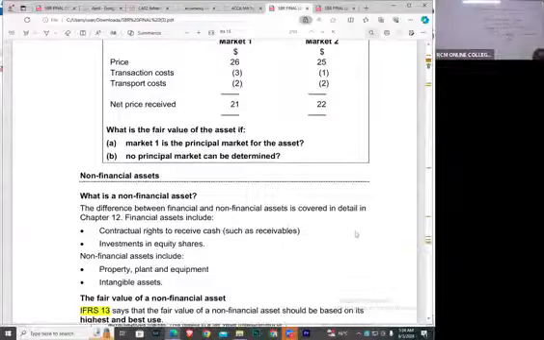Financial assets are the ones where you will easily get your cash, like receivables and investment in equity shares. If you're raising capital, you're going to sell equity shares. Non-financial assets include property, plant, and equipment, and intangible assets.